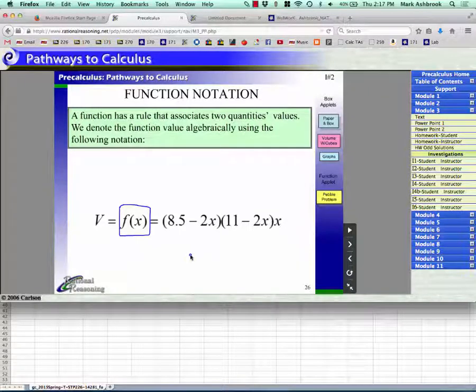If I were to give you a choice, is that the input, the output, the name, or the rule? What I put a box around. What do you think?